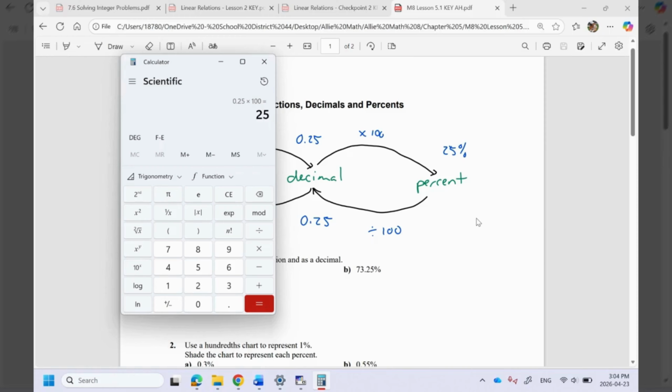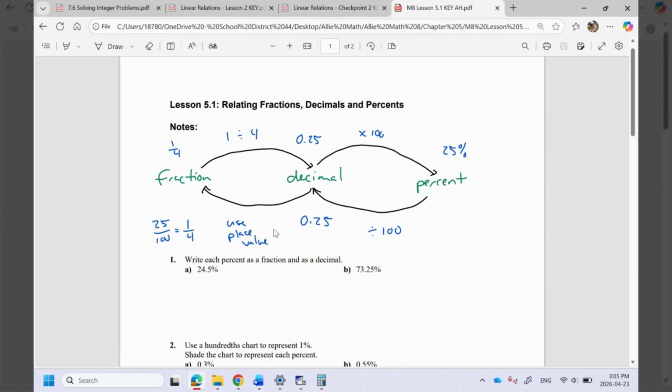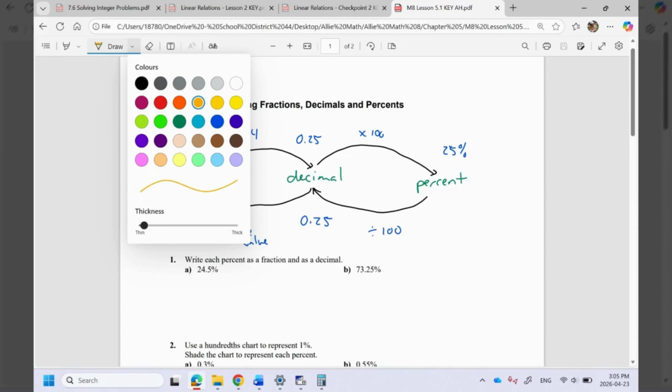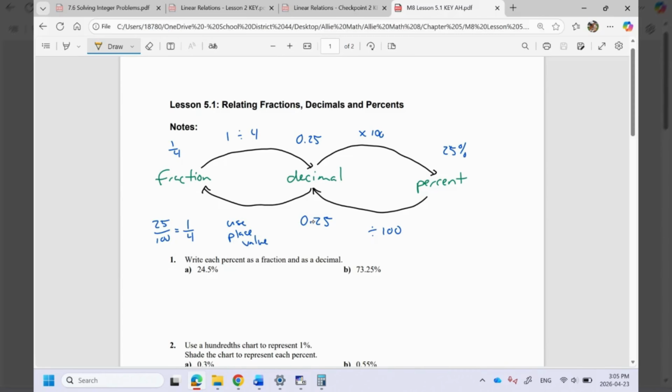And then our next step, to move from a percentage back to a decimal, we divide by 100. Notice we're back at our decimal, 0.25. And this last one, I think, is the most difficult step. You need to use place values. 1 after the decimal is the tenths spot, and 2 after is the hundredths spot.